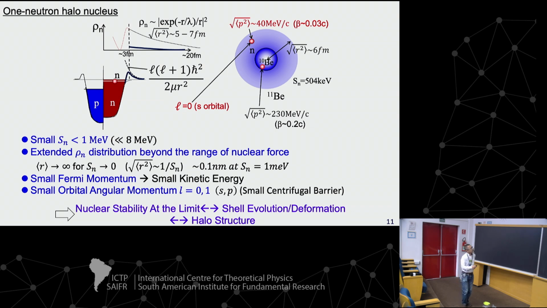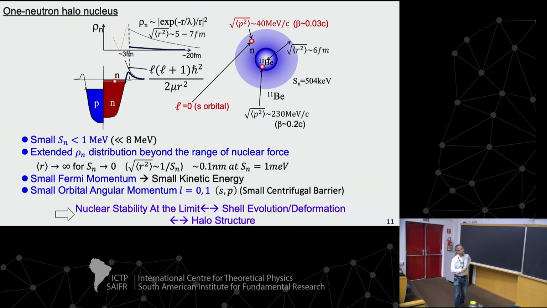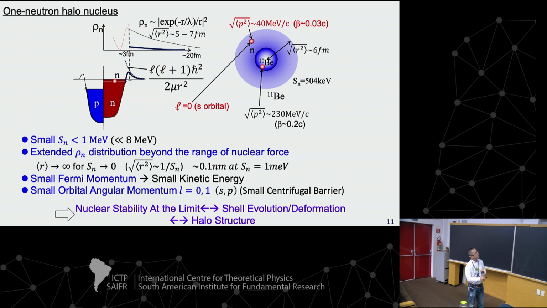And because of the very extended density distribution, the Fermi momentum becomes very small, due to the uncertainty principle. Usually the momentum inside a normal nucleus is about 230 MeV/c, but the neutron inside a halo has only 40 MeV/c momentum.